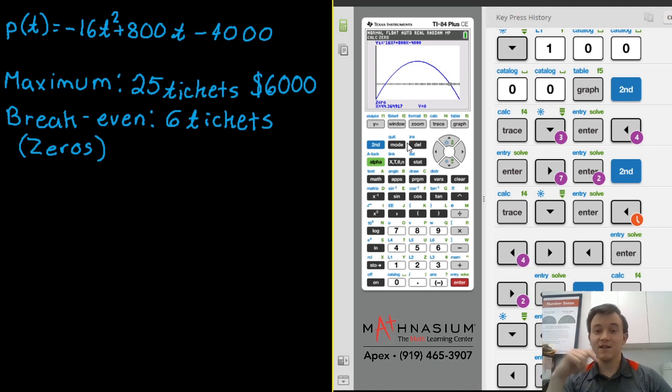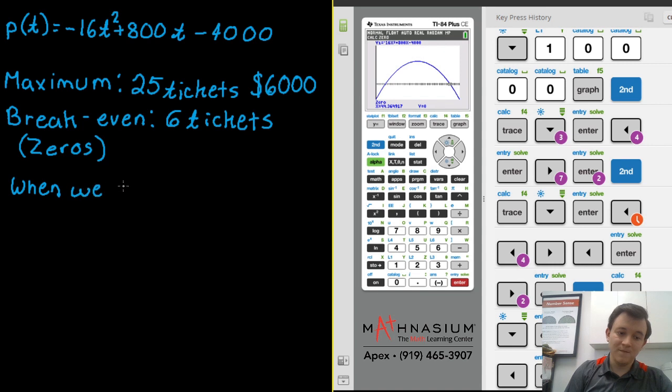But if we sell up to that 45th ticket, we actually lose money. So that's not going to be our answer. We need to round down in this case because we can sell 44 tickets before we lose money on it. So we can here go over here and say when we lose money.